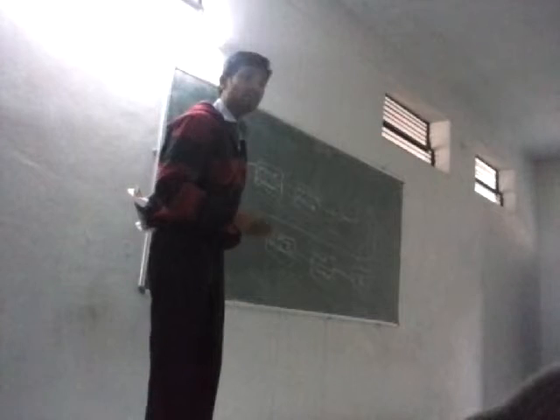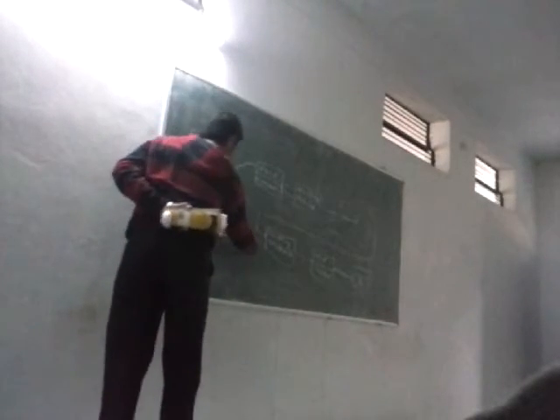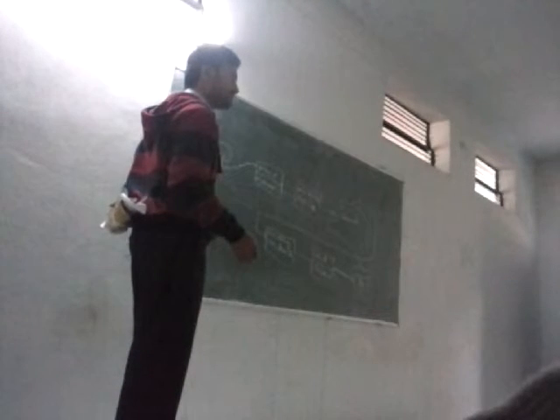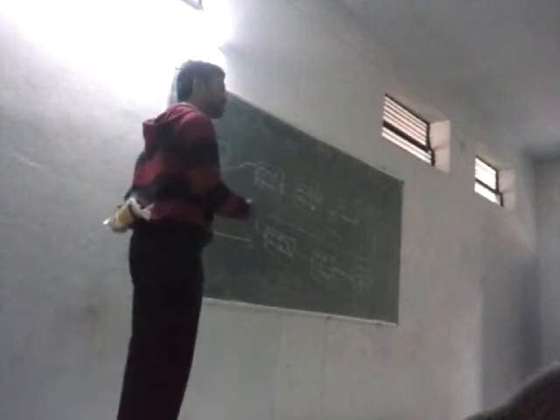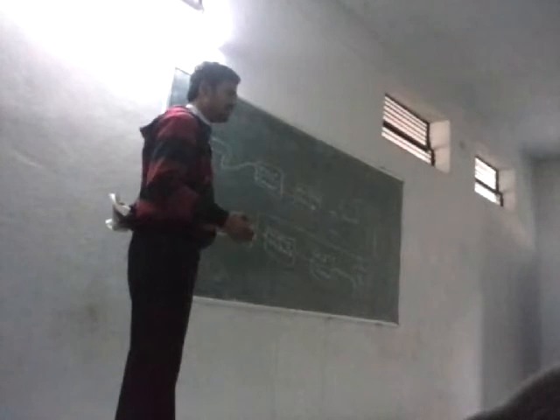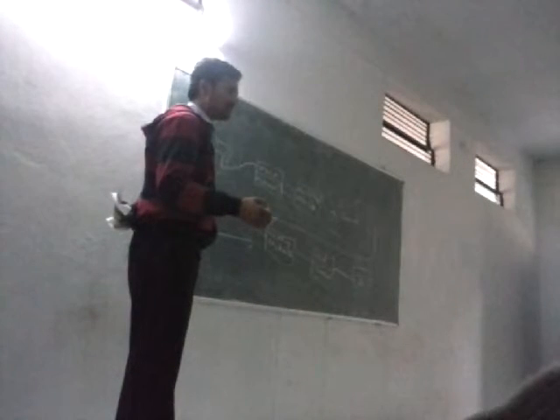Broadly, what is the bandwidth? 16 to 20 kilohertz. Is there any other one? In a telephone network, we don't require that much bandwidth. Why? Because c equals lambda by f.